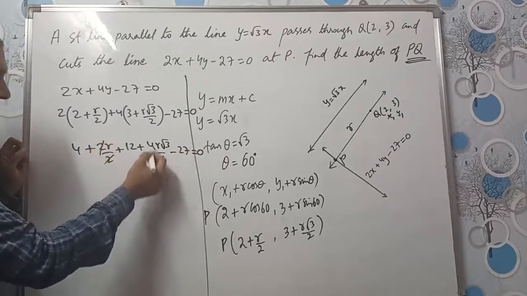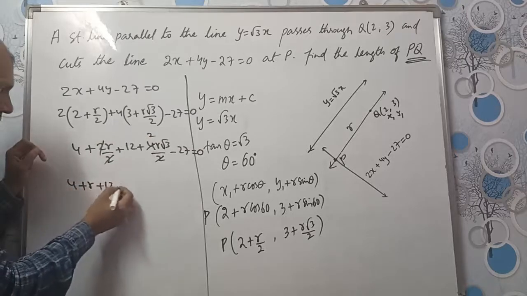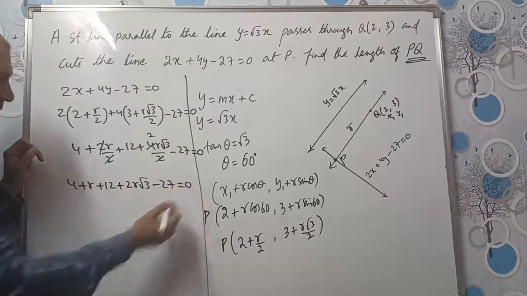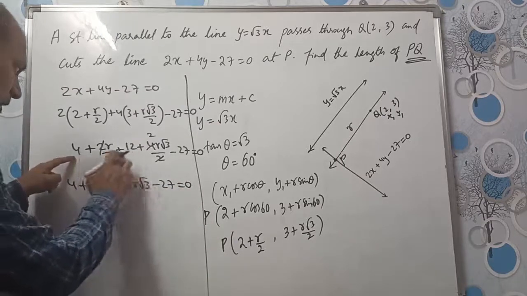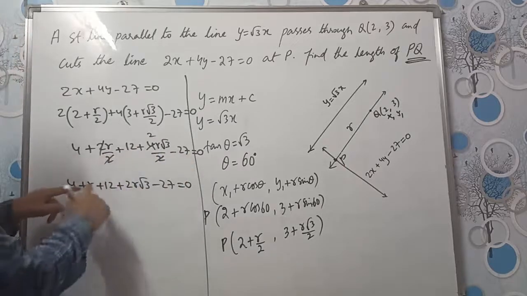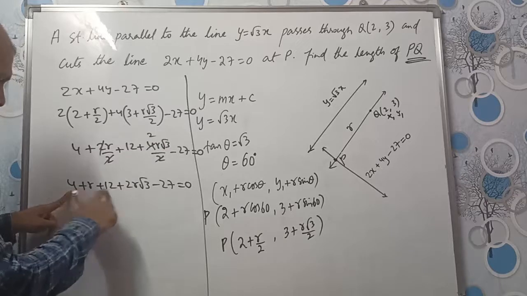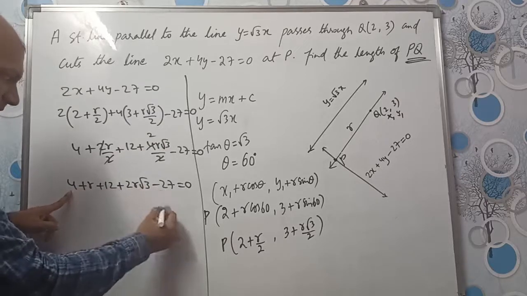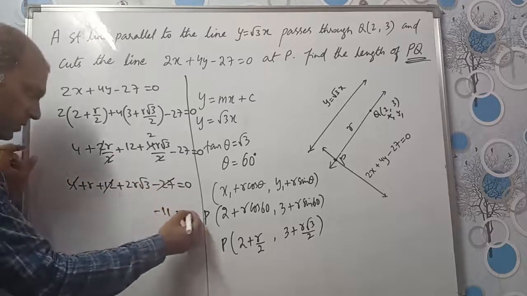This will get cancelled, the 2 will cancel. So 4 plus r plus 12 plus 2r root 3 minus 27 is equal to 0. Did we write everything? 4, r, 12, yes. 4 and 12, 16. 16 minus 27 is minus 11. So minus 11 is equal to 0.